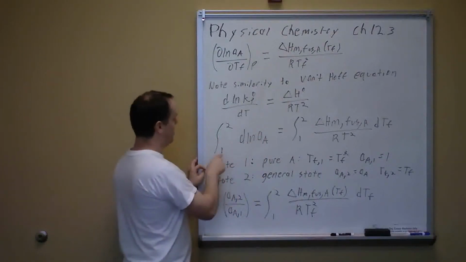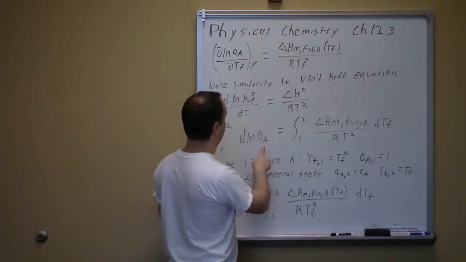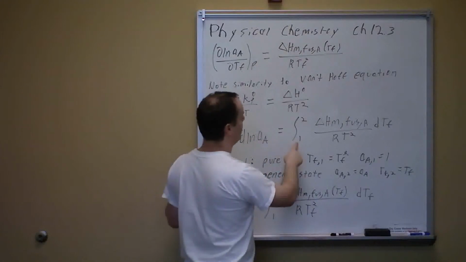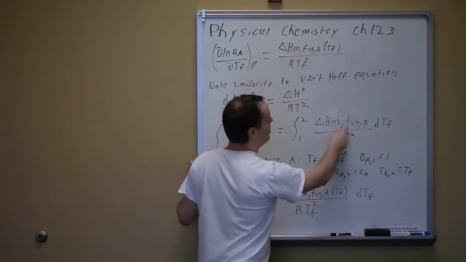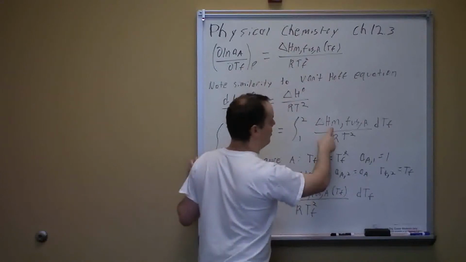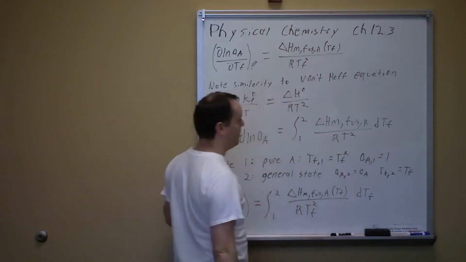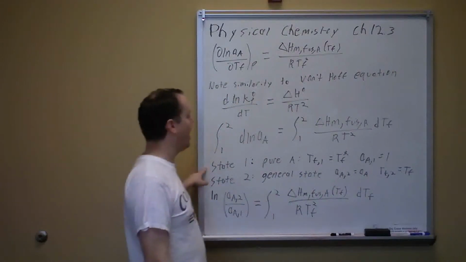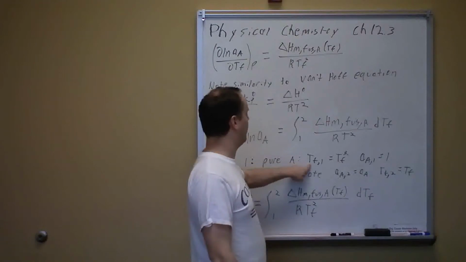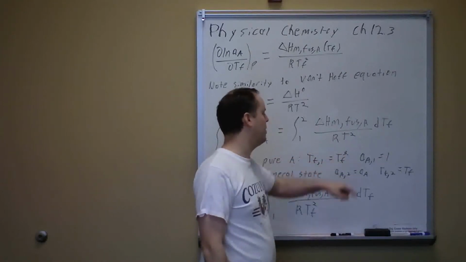But anyway, the integral from state 1 to state 2 of the derivative of the natural log of the activity of A equals the integral from state 1 to state 2 of the change in the molar enthalpy of fusion for substance A divided by RT squared with respect to freezing point temperature. Now, we're going to say state 1 is just pure A. So our freezing temperature at state 1 is just the freezing point temperature star, which means unmixed.